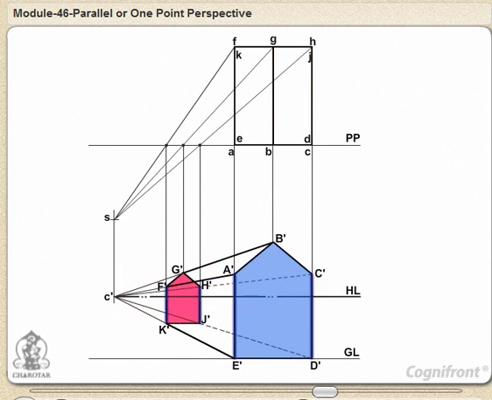Note that vertical lines AE, CD, etc. remain vertical in perspective. Similarly, horizontal lines ED and KJ and sloping lines AB, BC, FG and GH, which are all parallel to the picture plane, remain respectively horizontal and sloping in perspective.